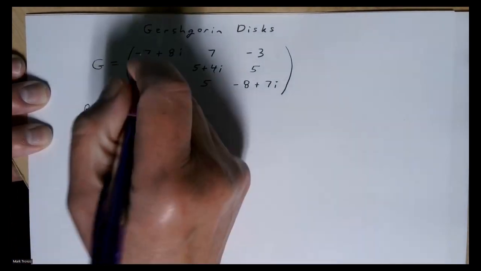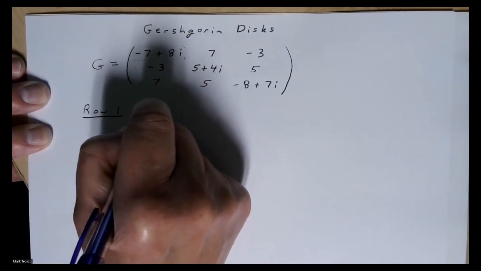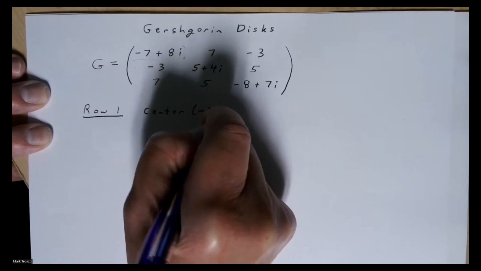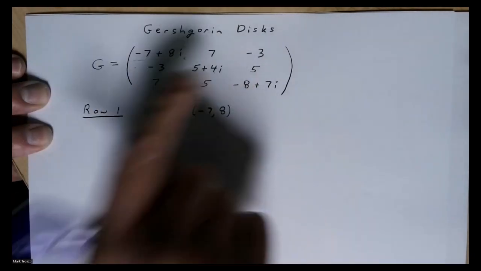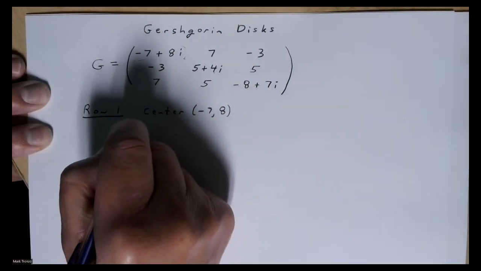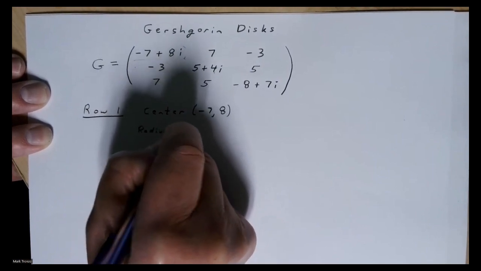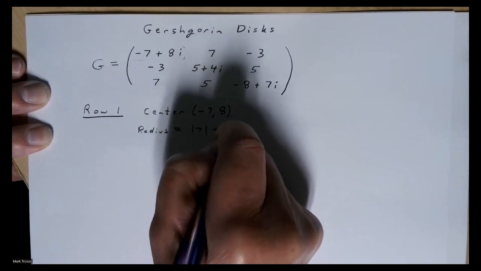So row 1, remember we're looking at the diagonal element, and so the center is at -7 and 8, and then we want the radius of row 1. I took a simple example here so we could calculate these pretty quickly.